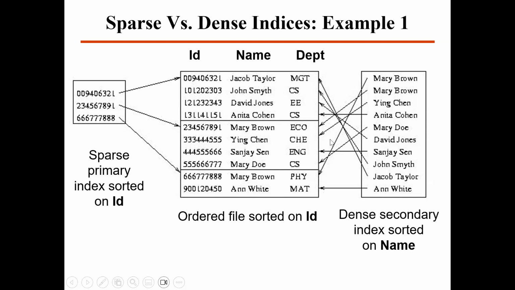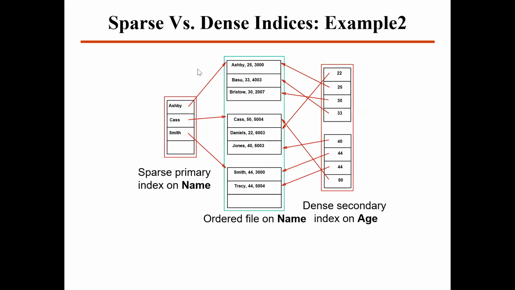You see, Mary Brown is connected here, another Mary Brown is connected here, Ying Chen is again connected. All the index entries are connecting to each record in the data file. Now, the number of entries in the dense index is equal to the records in the data file. However, the sparse index is going to have the number of entries equal to the number of blocks in the data file.